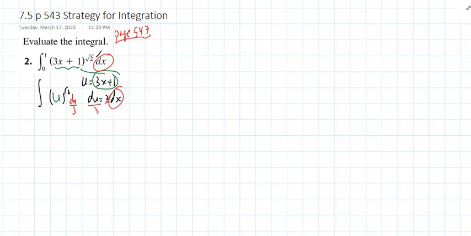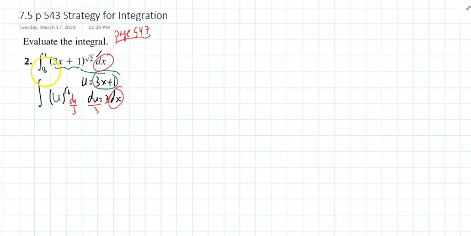I should change the limits on the integral. That is, if x equals 0, u would be 1, and if x equals 1, u would be 4, and this way I don't have to go back and substitute x back in.